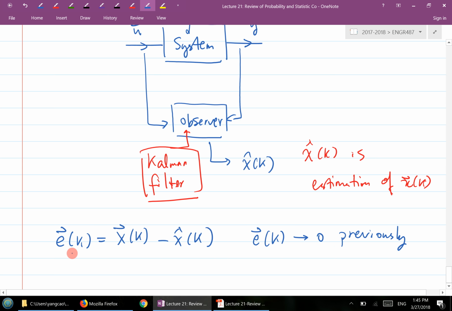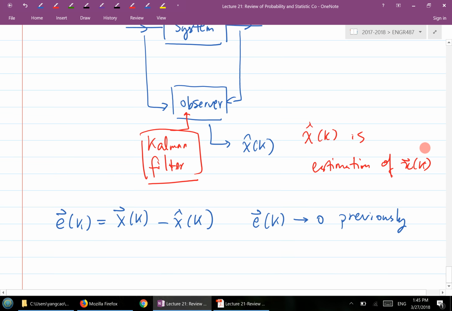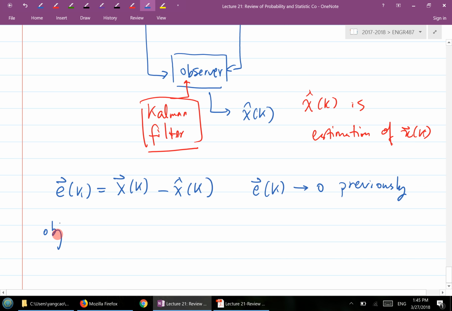If you have white noise, you can never shrink it to zero; the noise is always going to be there. So it's impossible here. The objective is not to have E go to zero, because that's not realistic.